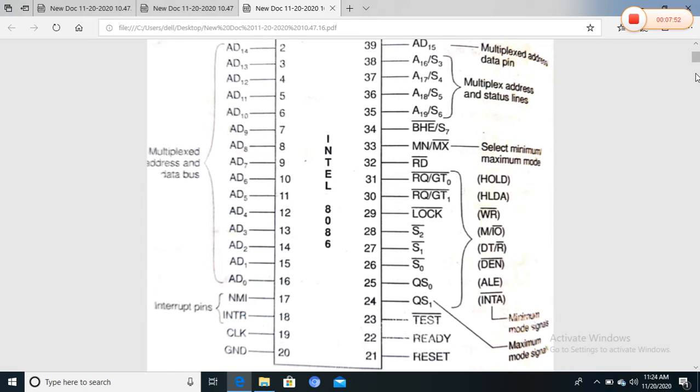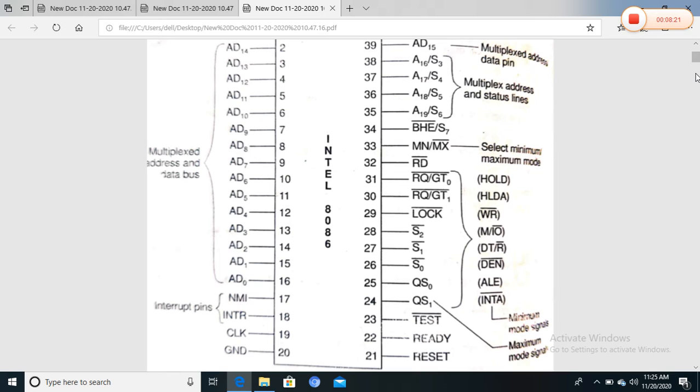The AD0 to AD7 lines carry the lower order byte of data, and AD8 to AD15 carry the higher order byte of data. Means when T1 clock cycle, they carry the lower order address lines, and when T2, T3, T4, they carry the data lines. These are the time multiplexed bidirectional address and data bus.